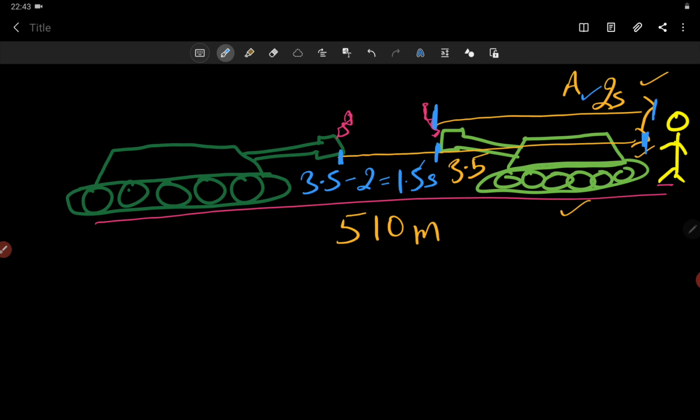So the sound travels between these two tanks in 1.5 seconds.